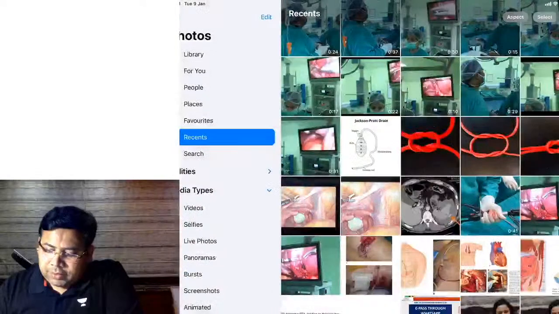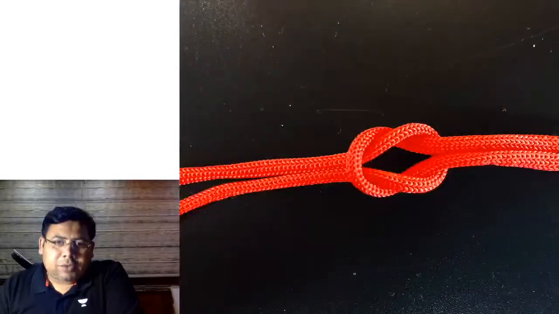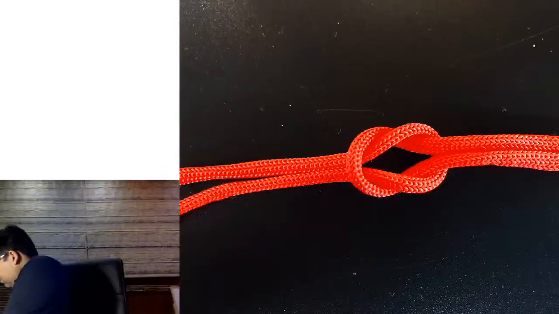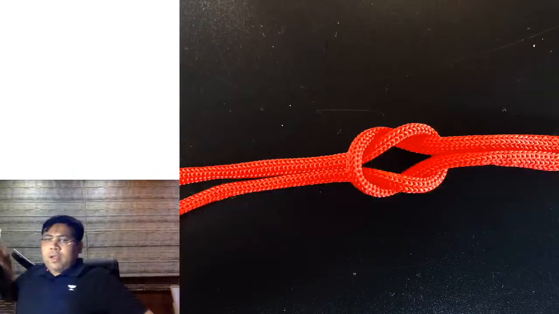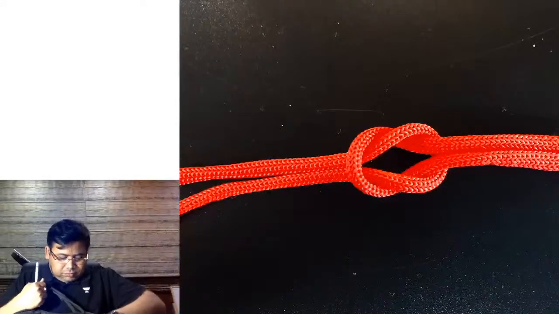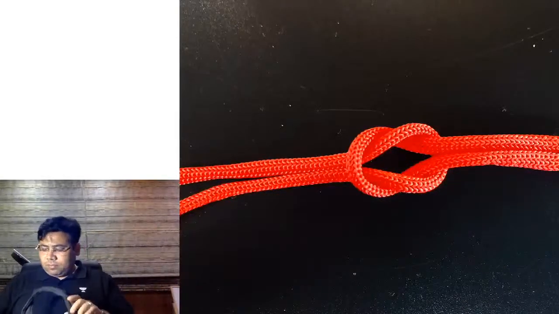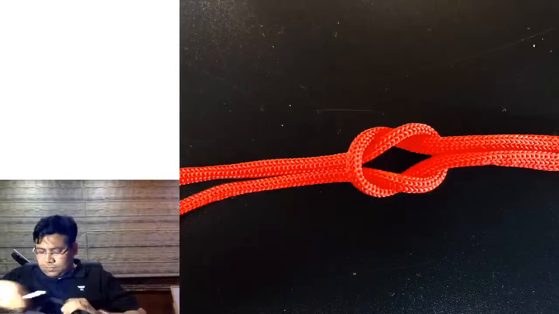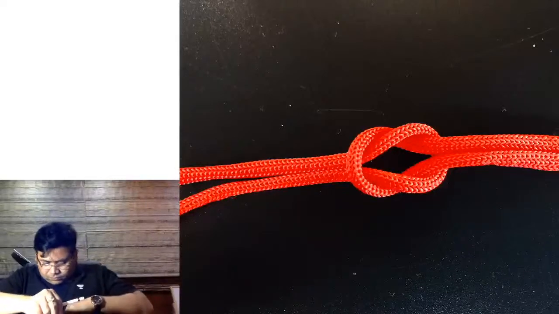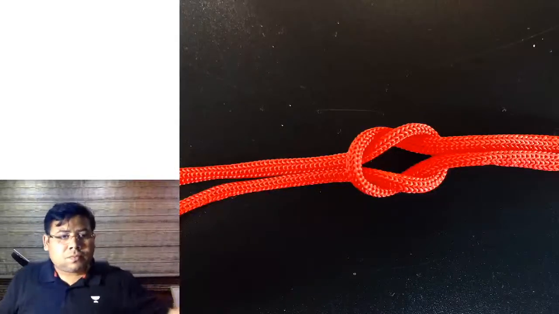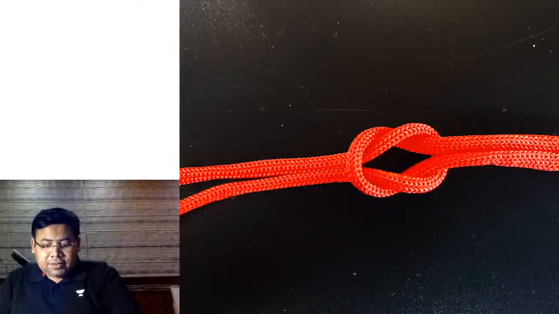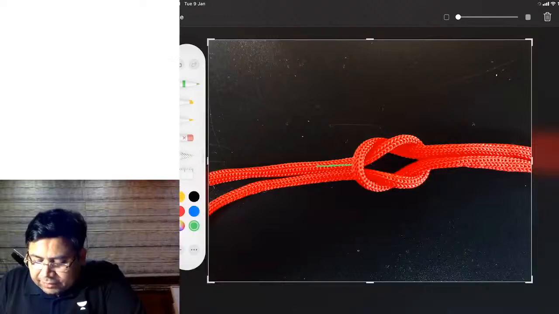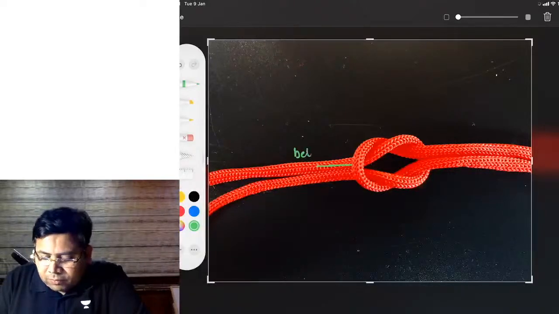Next, tell me this knot. What is this knot? Yes. How did you identify? This end is below.